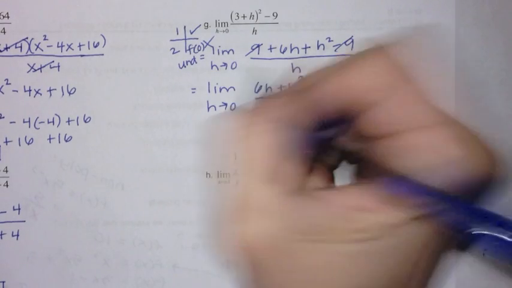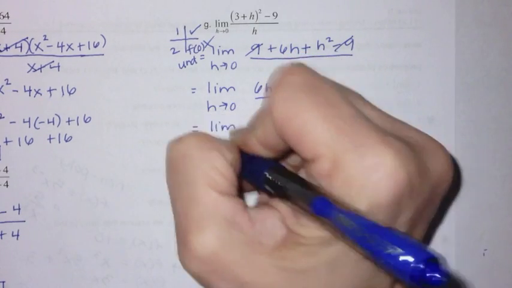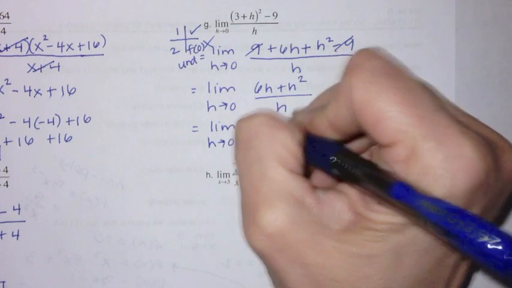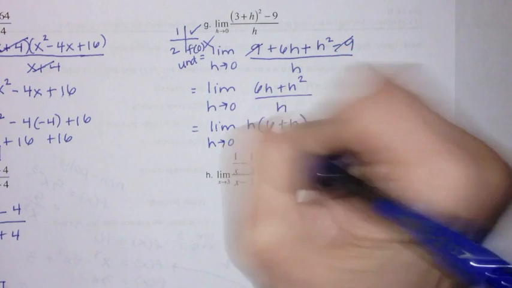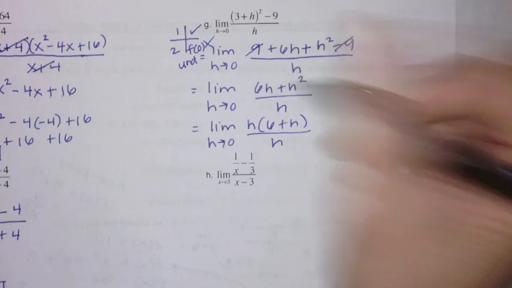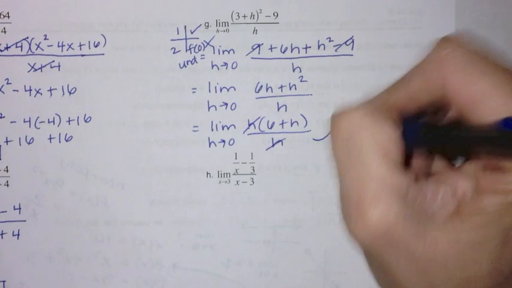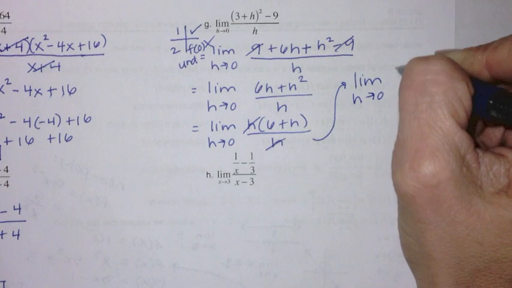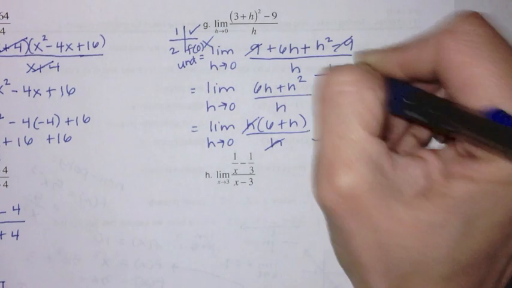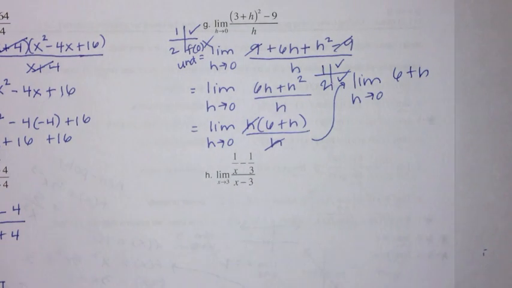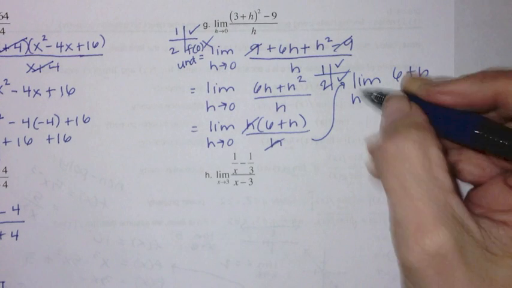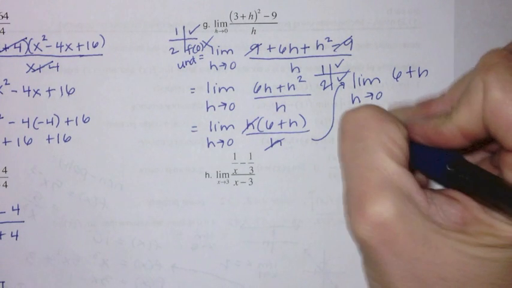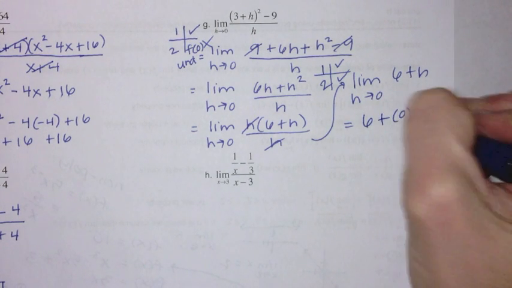These have a GCF. Okay. So this is the limit as h approaches 0 of 6 plus h. And now I'm going to do my 1, 2, and it meets both conditions because f of 0 exists now, and that means I can use the DSP. So this is 6.